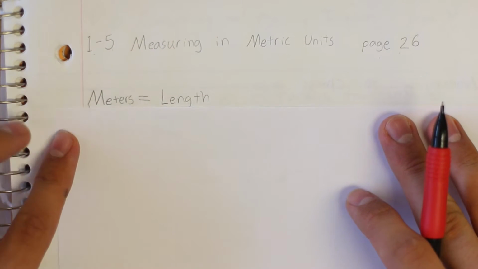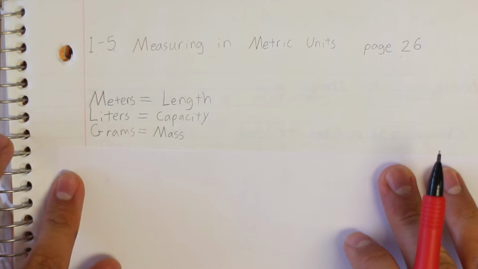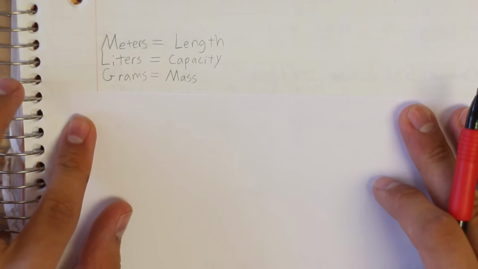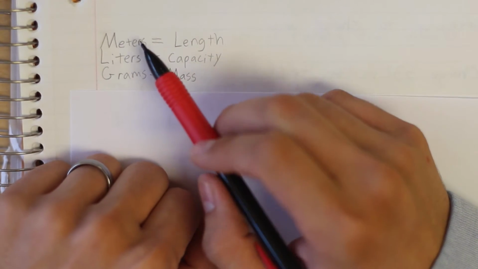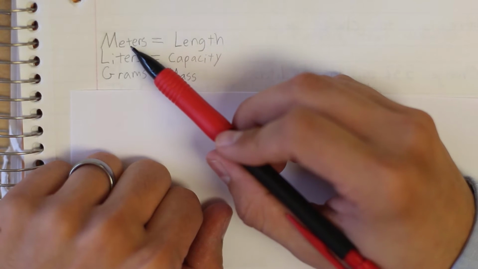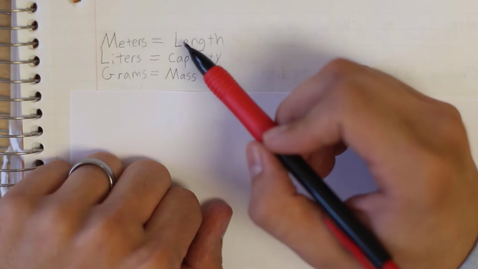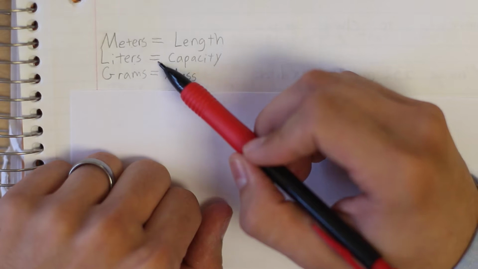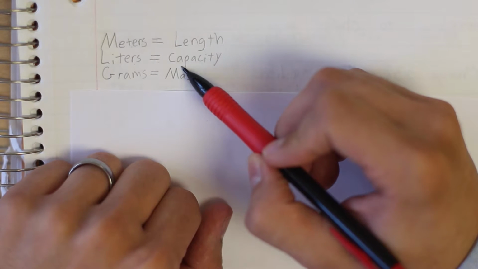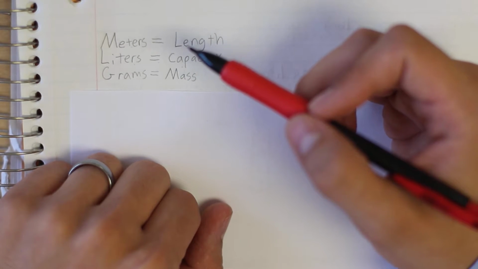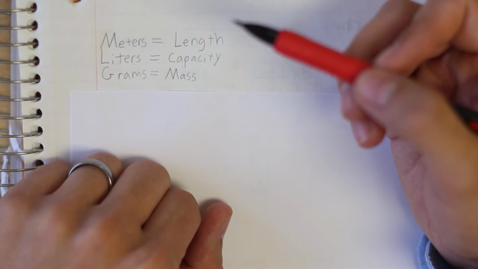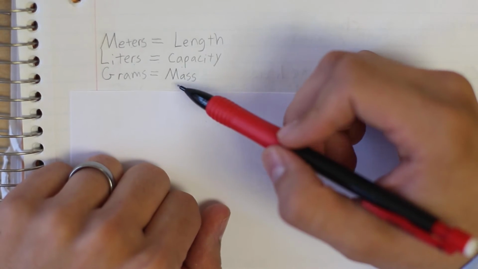All right, now hopefully you remember at least this much, metric units. But we have three different types. We have meters, which refers to length, liters, which refers to capacity, like how much a cup or a bottle holds, like a 2-liter bottle. It holds 2 liters of liquid.